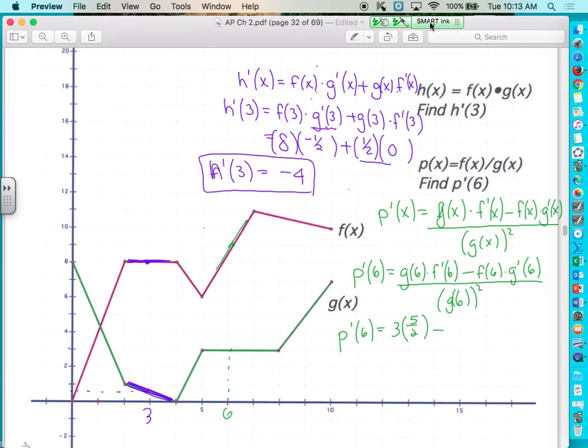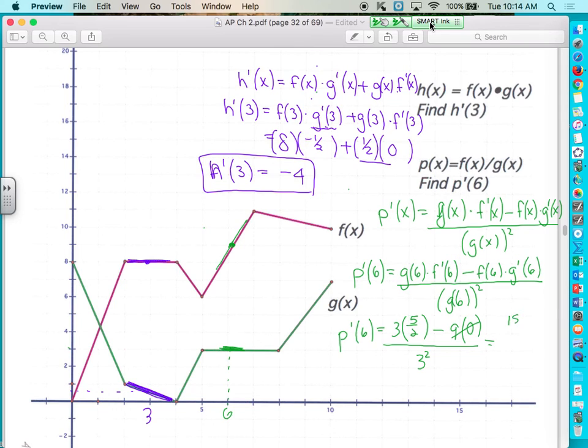And then f of 6, so that's the pink function. The height at 6 was equal to 9. G prime of 6, so at 6, here's the slope for the green line there, which is 0. Over g of 6 squared, and g of 6, we said that height was 3. So that's equal to 0.